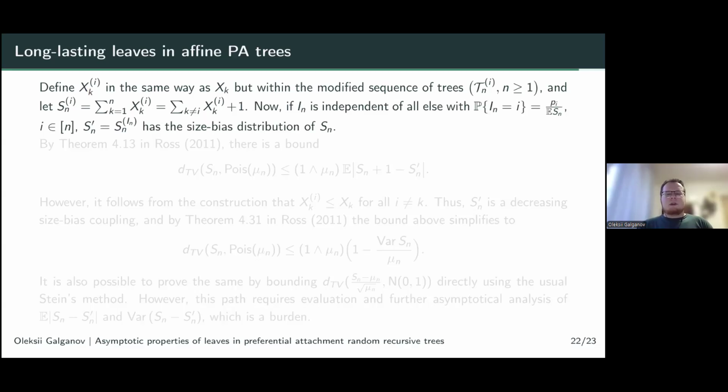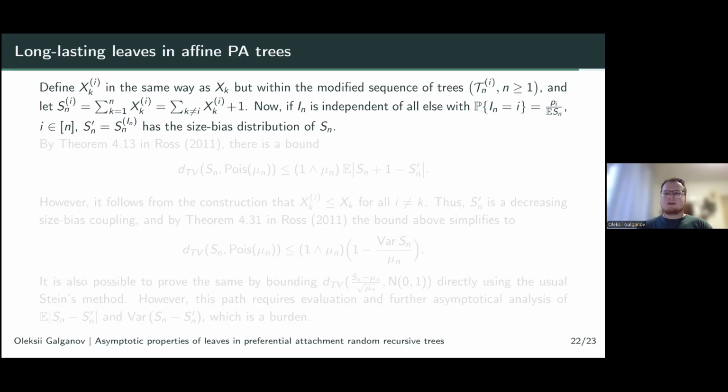So if we now select this index I randomly with this probability distribution, the random index would have the size-based distribution with respect to our original sum that we just defined. So basically, it means that we pick a random vertex, and we pick it non-uniformly.